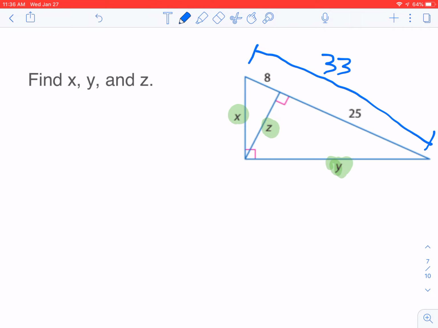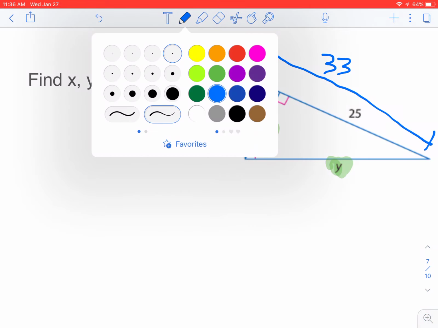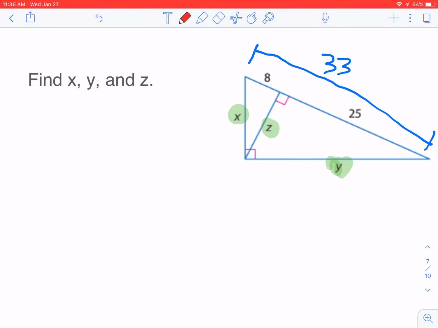Okay, so here's our pattern. If I want to find x, I take my first right to 8, and I take my second right to 33. So x will equal the square root of 8 times the square root of 33. I am not going to simplify these right now.